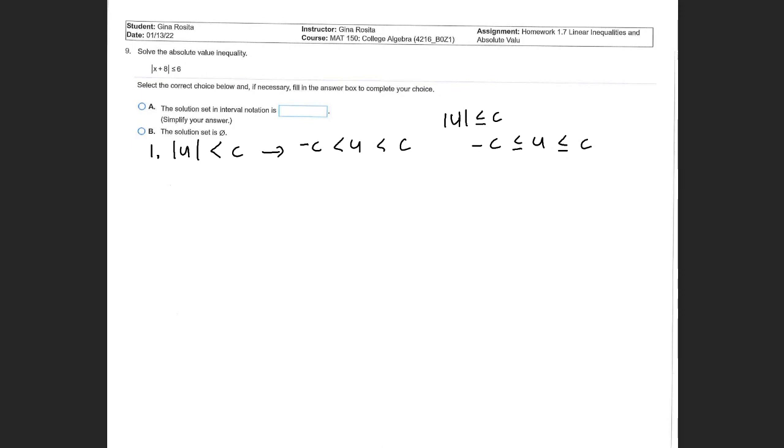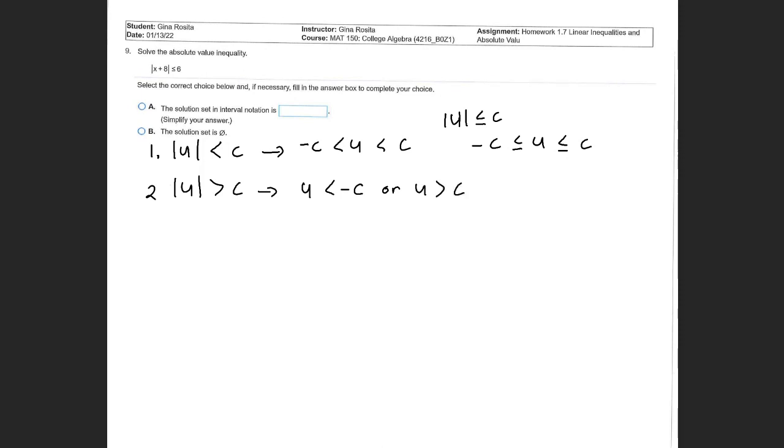Now, absolute value u greater than c is the numbers that satisfy u less than negative c or u greater than c.